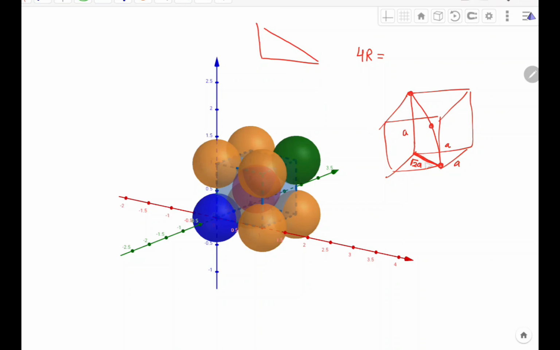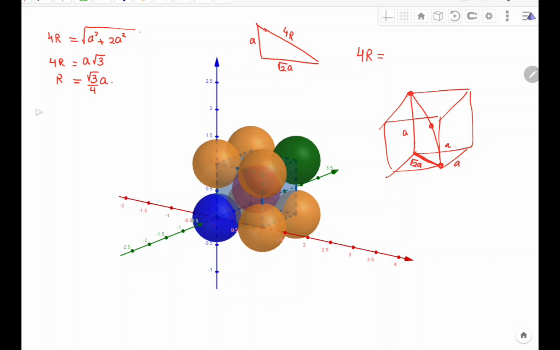The base here is square root of 2 A, and the height is equal to A, and this one here is equal to 4R. 4R is equal to square root of A square plus 2A square, or 4R is equal to A square root of 3, so R is equal to square root of 3 over 4 A.